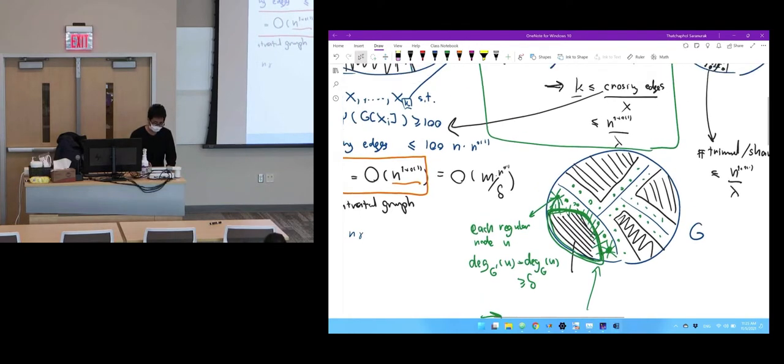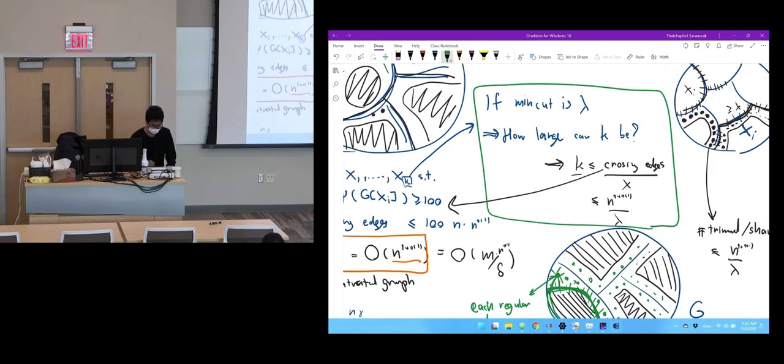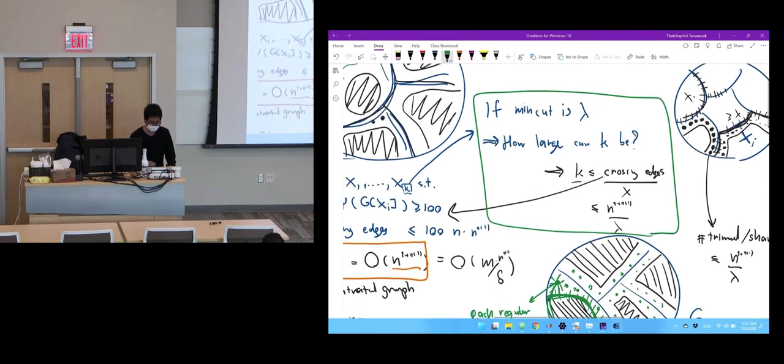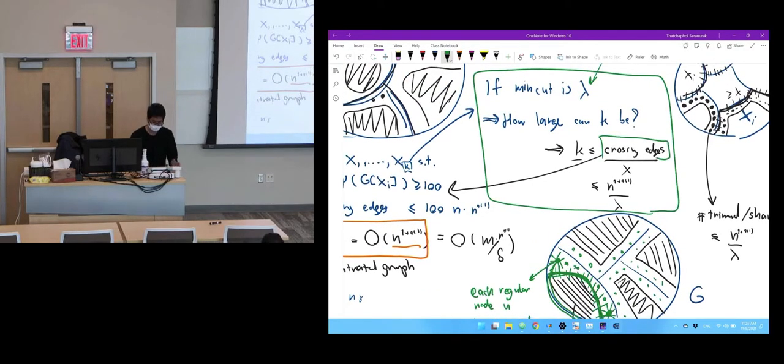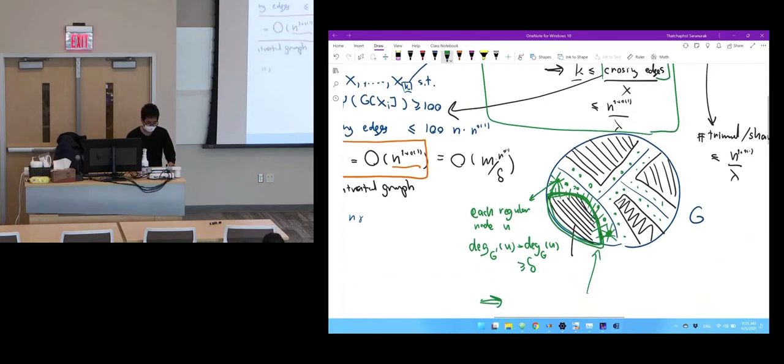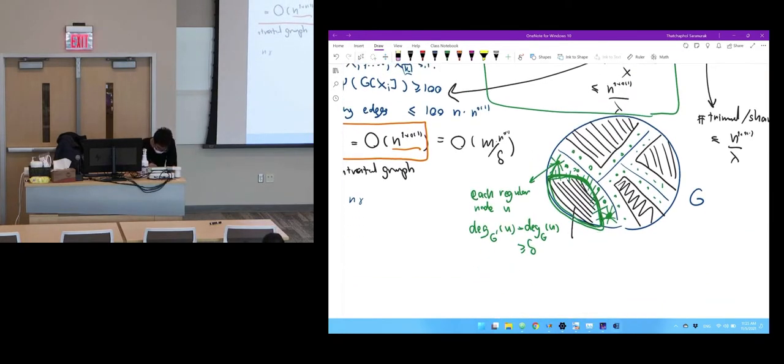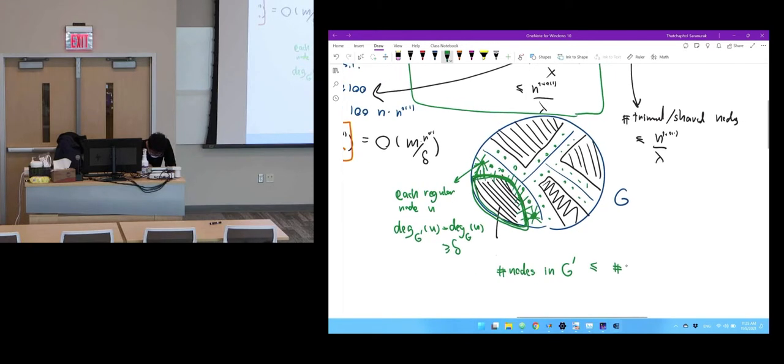We really just use the same kind of argument here, but instead of saying that this is the number of crossing edges in the expander decomposition, the direct argument should be that the number of nodes in G prime is at most the number of edges in G prime over lambda.